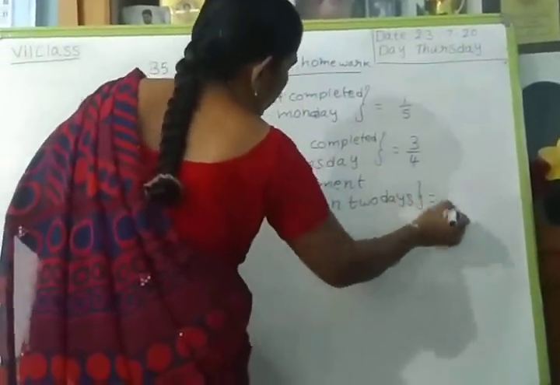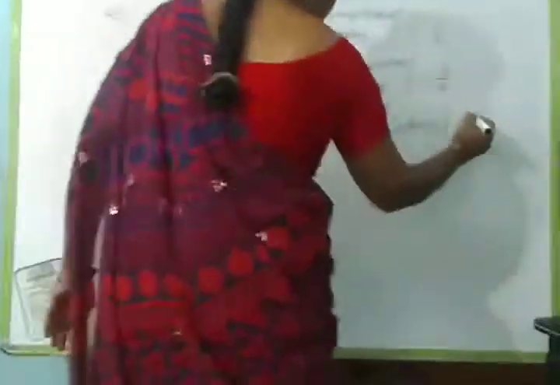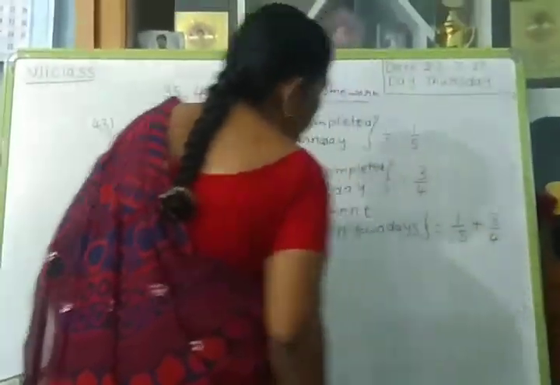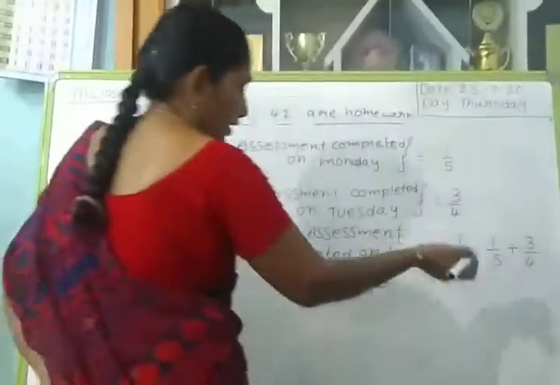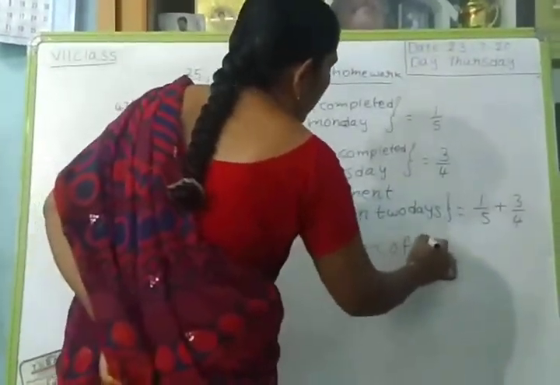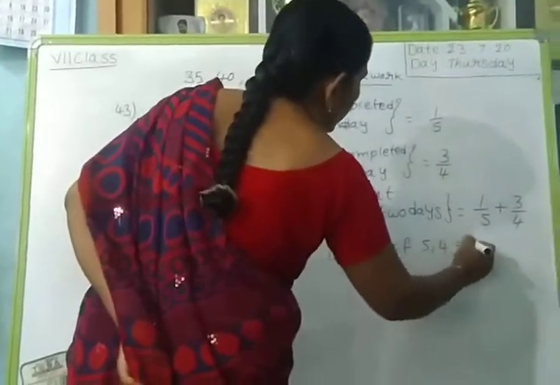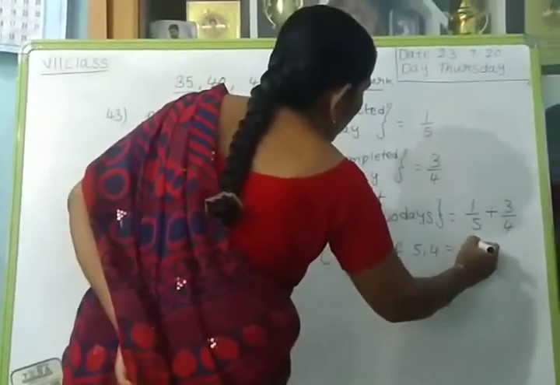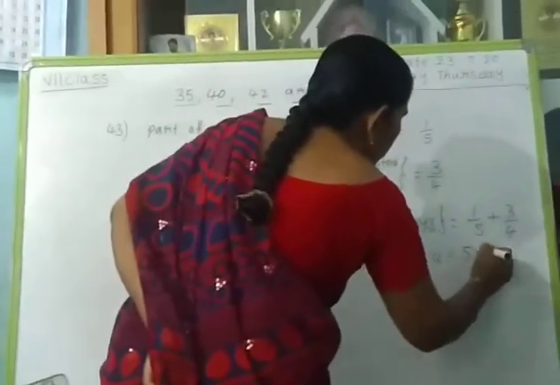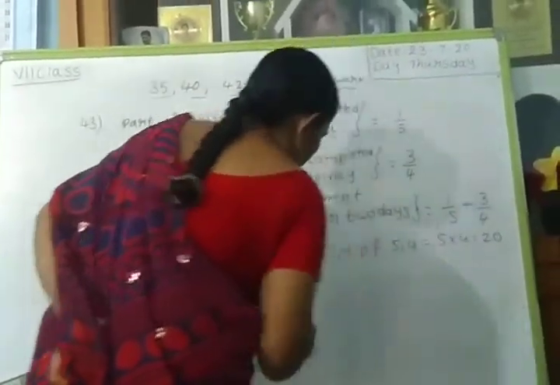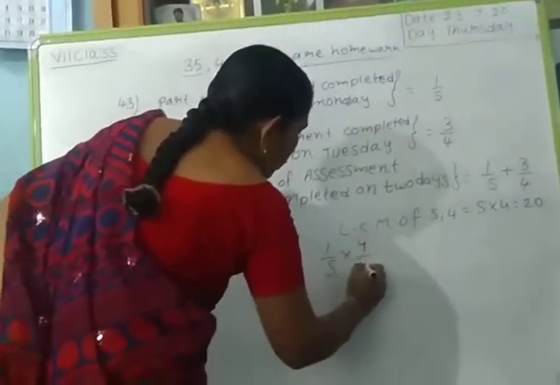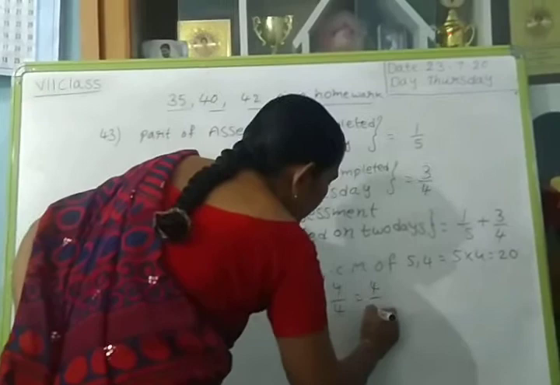So what do we have to do? For both days we have to add 1/5 plus 3/4. Are these like or unlike fractions? For the LCM of the denominators, 5 and 4 are co-primes, so their product is 20. For the first fraction, 4 5s are 4/20.